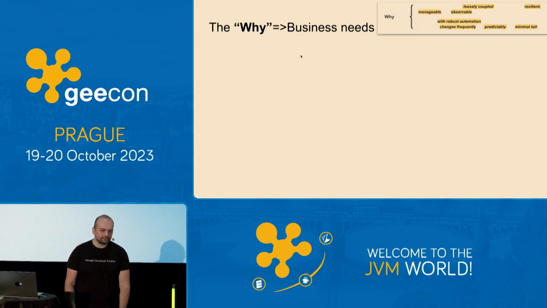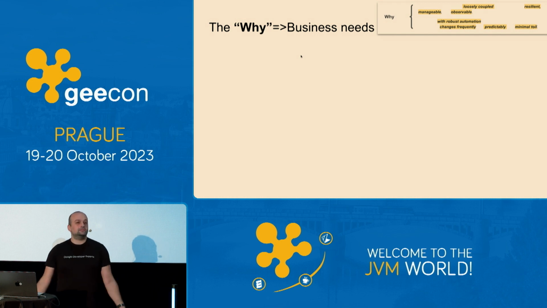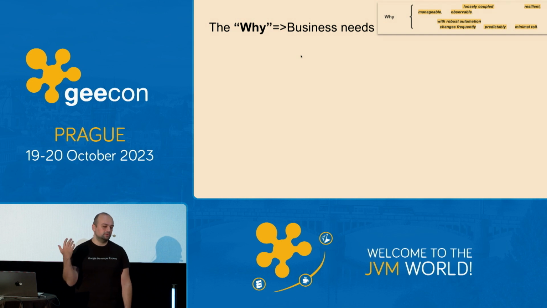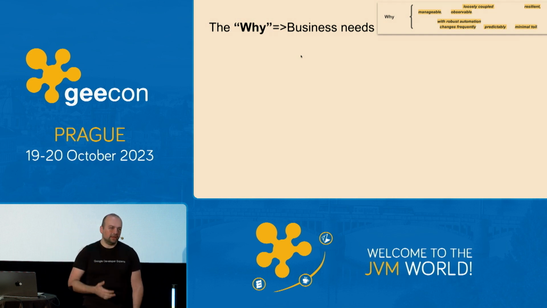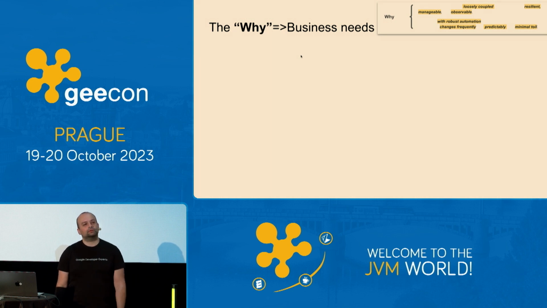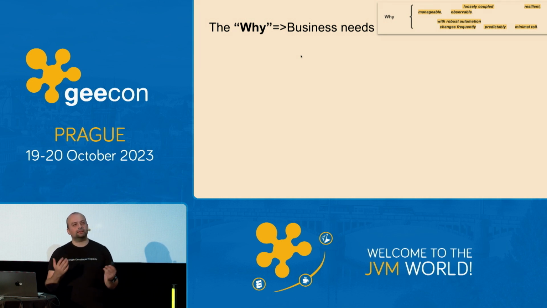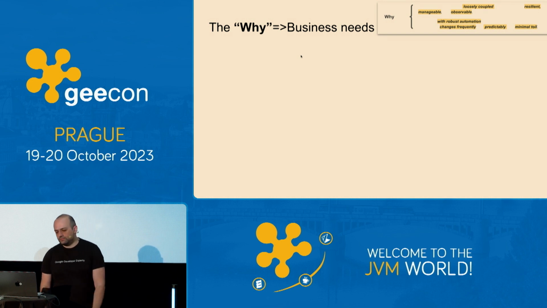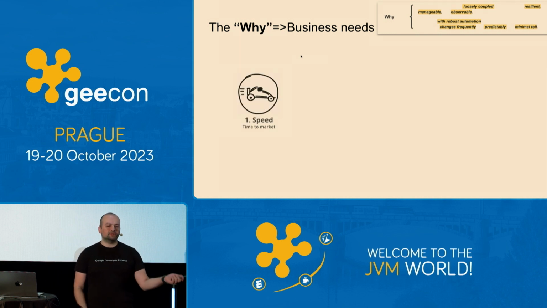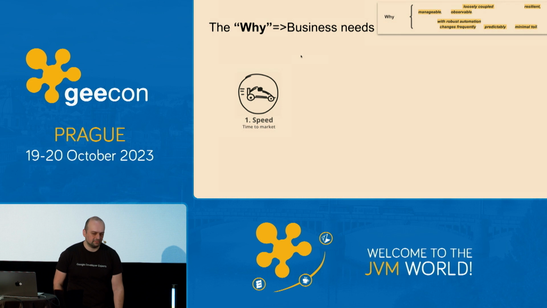So, the why. Typically, the why is business needs. People would come to us and ask, "Can you build us this solution? We want it to be like this and that, and cloud native or whatever." And you would ask, "Okay, what are your needs?" And then it would be something like, "Oh, it's very important that it's a short time to market.